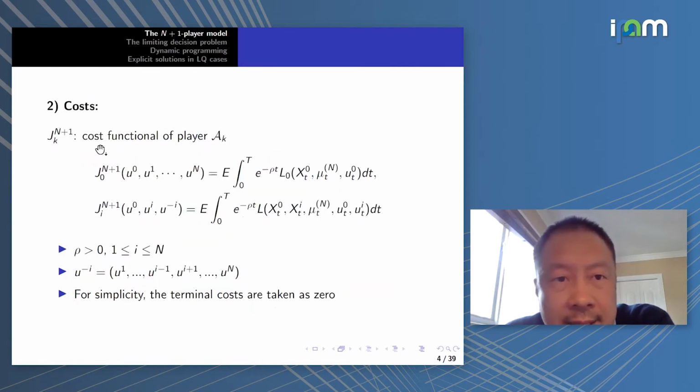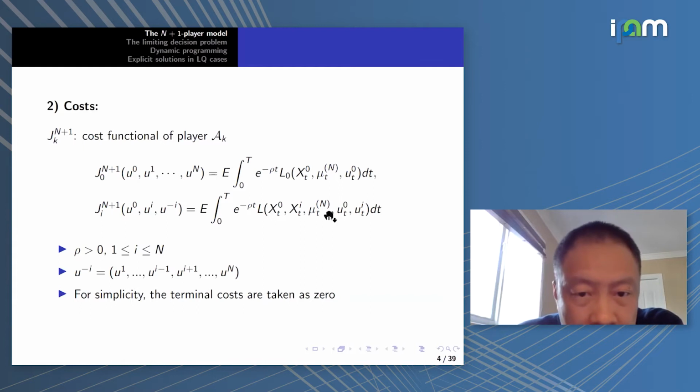And for the next part, we have the costs for the major player. It depends on its own state, then the empirical distribution and its control. Okay, for the minor player, we have its own state, own control, the empirical distribution, then the state and the control of the major player.